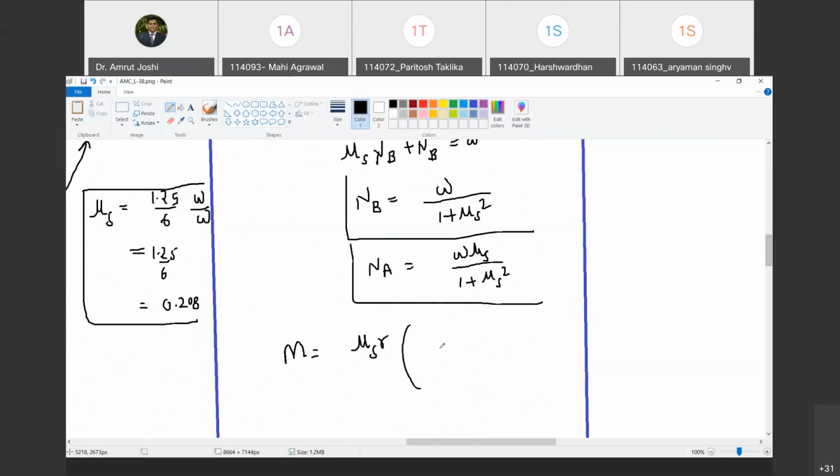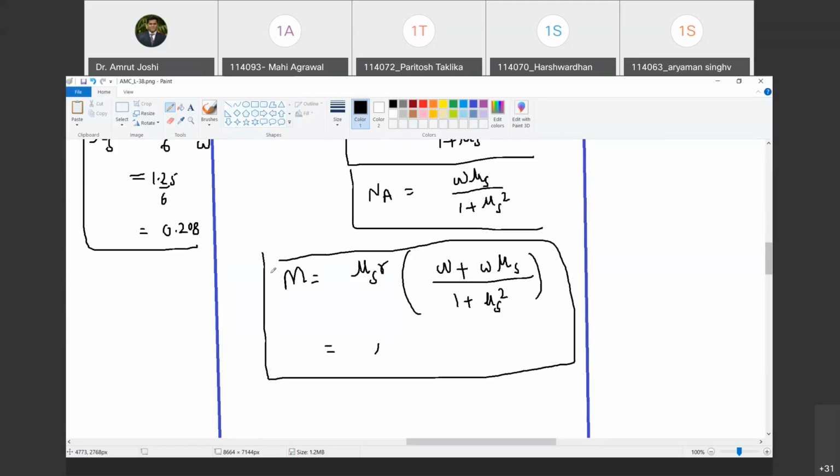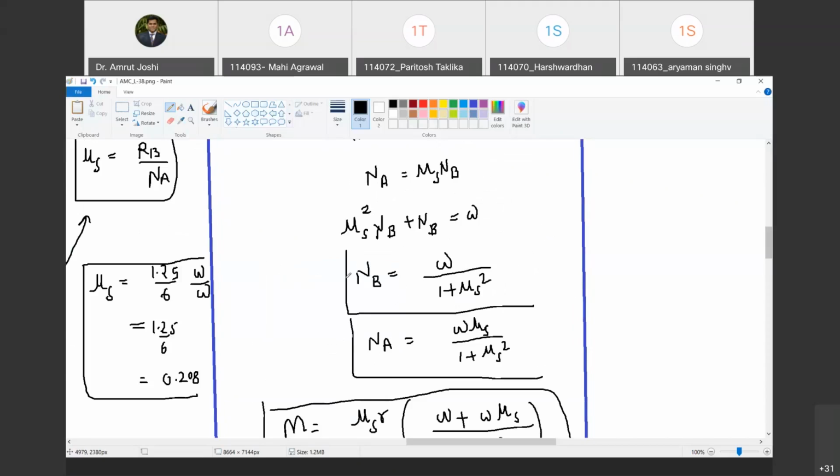So Na plus Nb is W plus W µs upon (1 plus µs squared). Do you agree with me? Yes, sir. So how much is that? W, if I take it common into a bracket. Anyway, now I think you are mature enough to simplify. So this is our answer. Happy? Yes, sir.